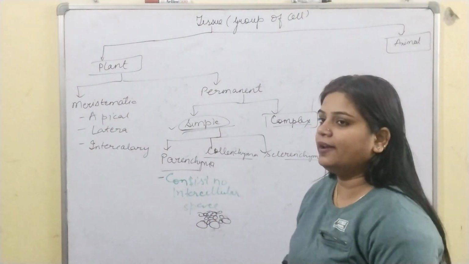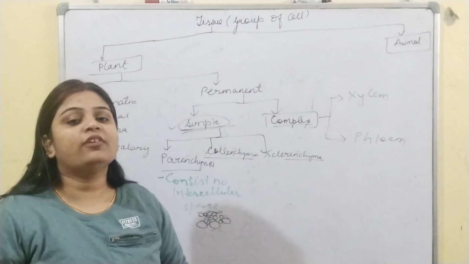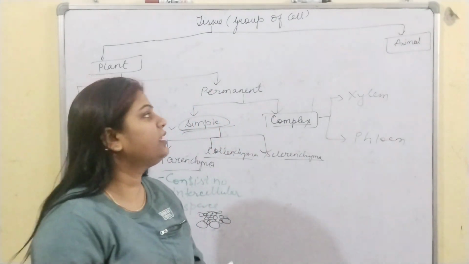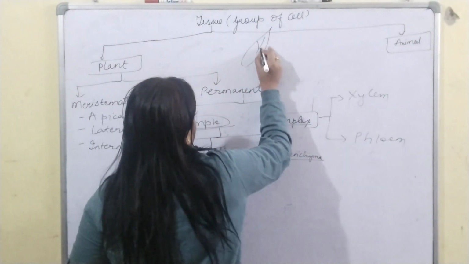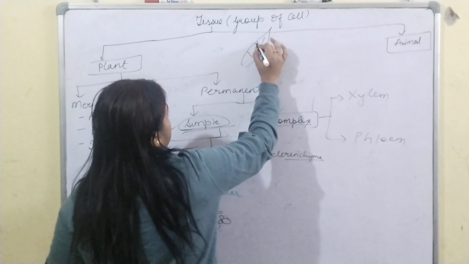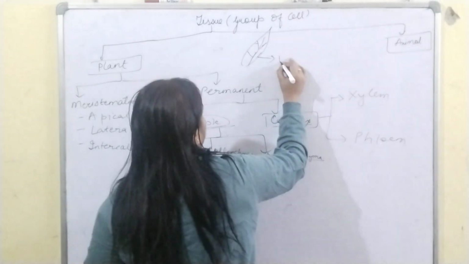Come to collenchyma. Collenchyma is generally found in the leaves. You have seen the veins, which are a little bit stiff. In veins, what is found? Collenchyma.